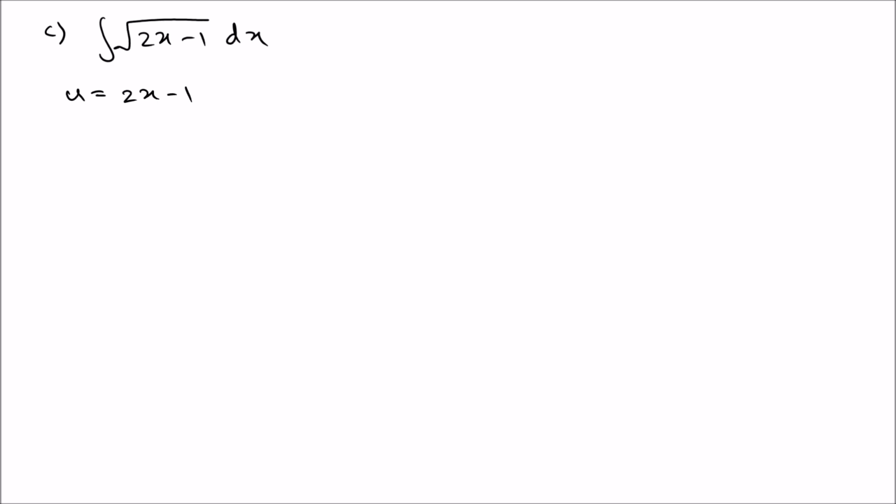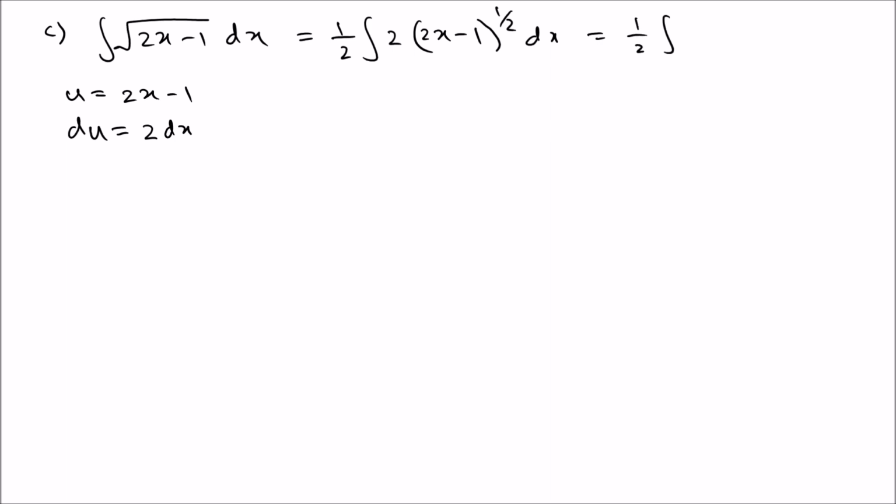Take the derivative, du is 2 dx. Again, 2 is missing. So we can multiply and divide by 2, and rewrite this as 1/2 times 2x minus 1 to the half power dx. This is u to the 1/2, and 2 dx equals du.